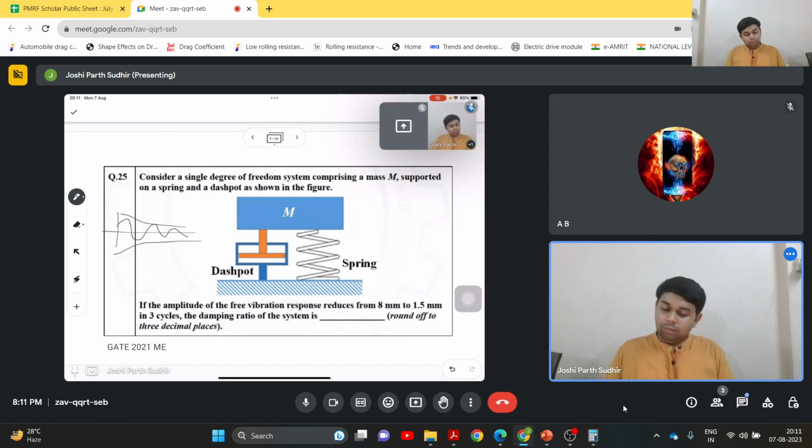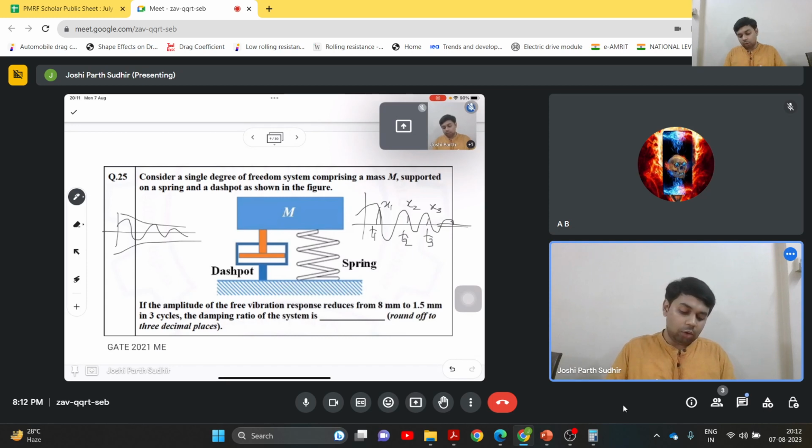So we mark some point, let us say x1, with displacement x1 at some time t1. Then after one cycle it will be x2 at time t2. Another point can be x3 after two cycles, at time t3.